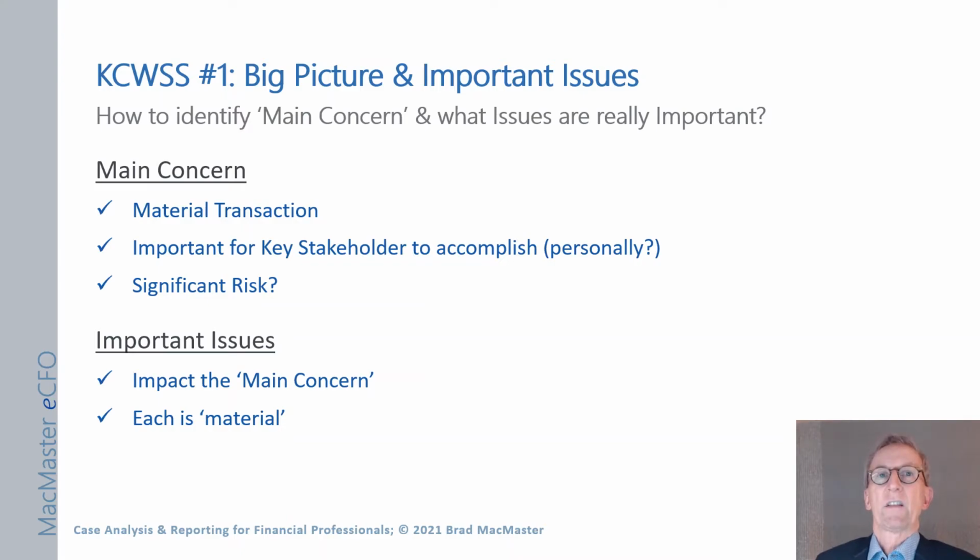And this is an area that oftentimes buyers and sellers are not well informed about, but you as a professional might be. Important issues are also generally material, and I mean that either in the sense of monetary amount or the possible impact on risk.